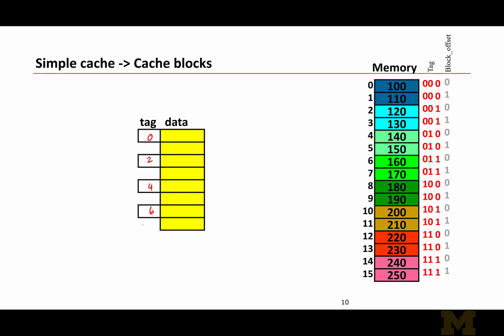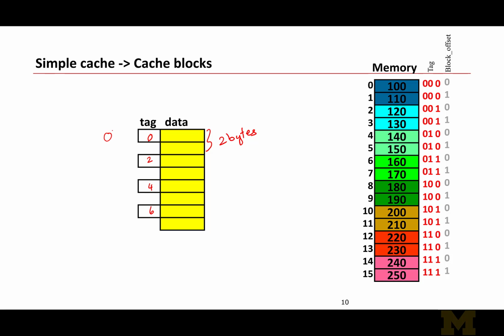it turned out that if you look at these addresses now, you'll notice a pattern. These addresses that are stored as part of tags are always divisible by 2, and that's not a coincidence. It's because we chose the block size to be 2 bytes, and therefore, in a byte addressable architecture, the addresses that you would need to store for the tag would also be divisible by 2.